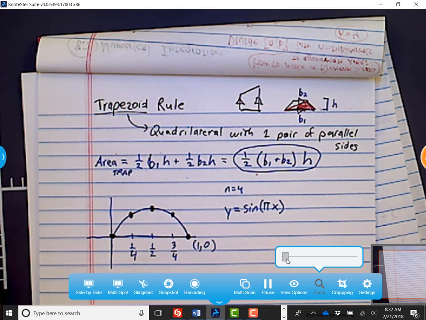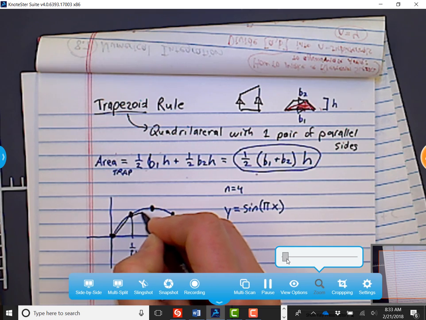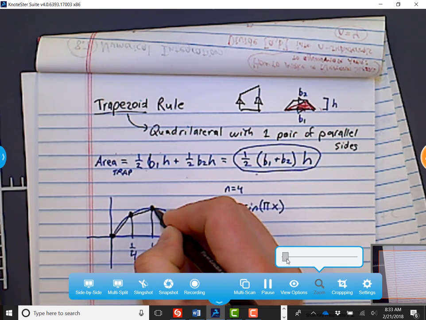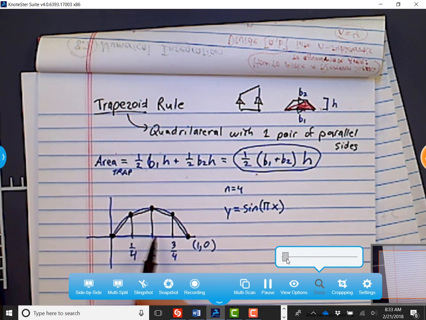That wouldn't be hard. Okay? So I could compute the sine of pi times x for those 5 points if I wanted to. But what we're going to do, instead of doing rectangles, if you connect the points, you'll notice that you have trapezoids, right?